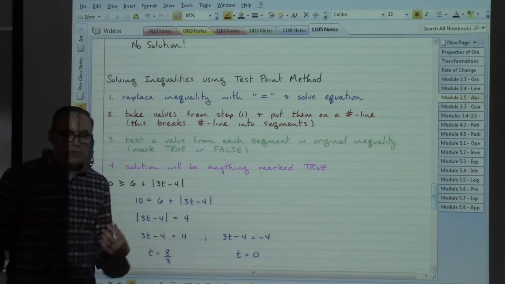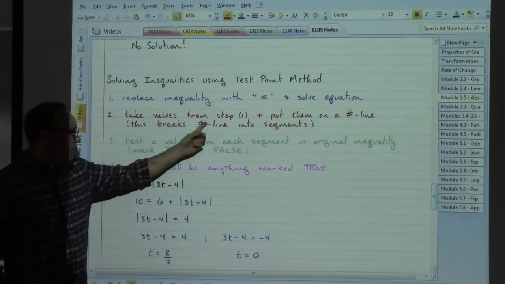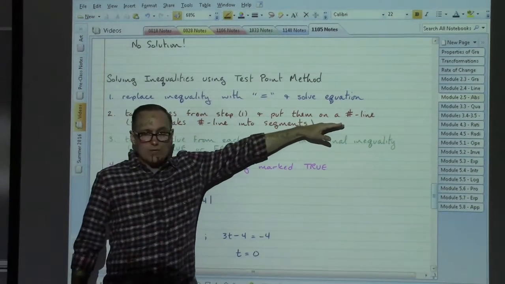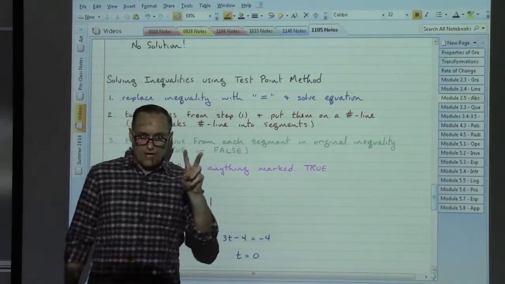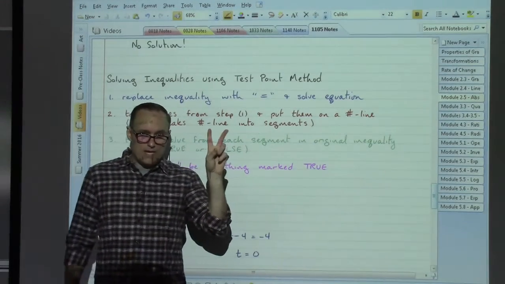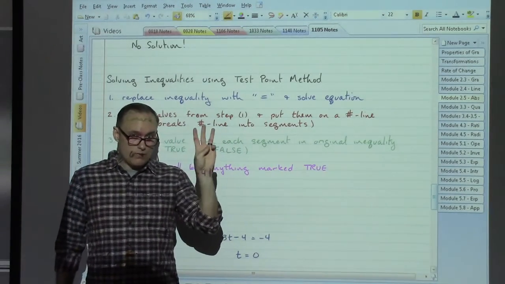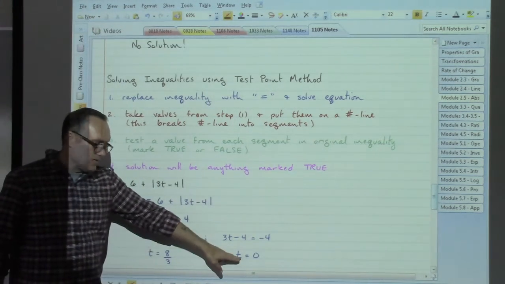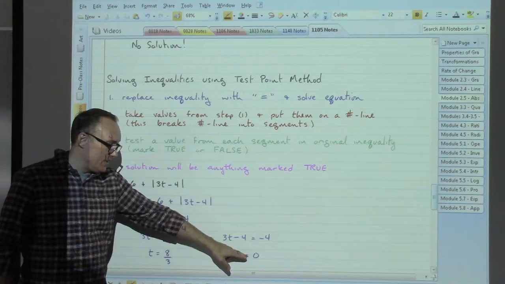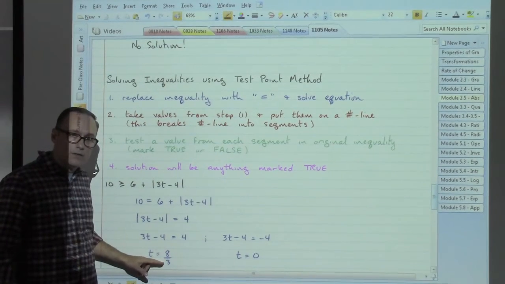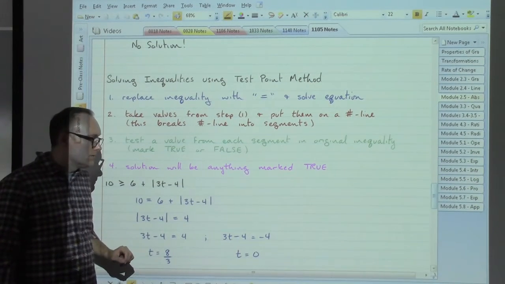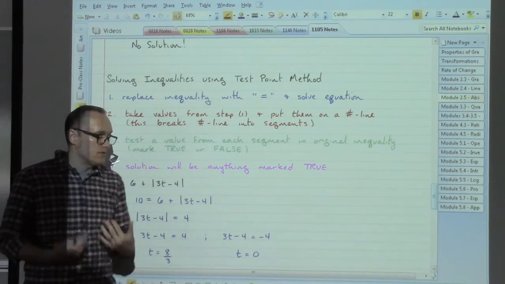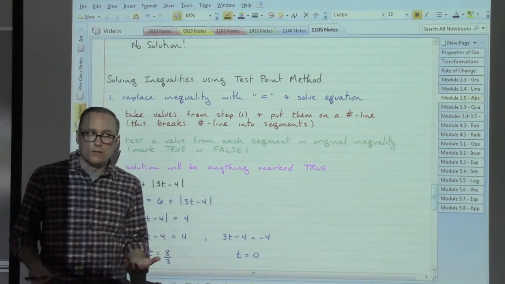Now we've got these two numbers. Those are going to be taken and put onto a number line. Two values on a number line are going to end up breaking that number line into 3 chunks: to the left of 0, in between 0 and 8 over 3, and to the right of 8 over 3. So we're going to have those different segments of our number line.